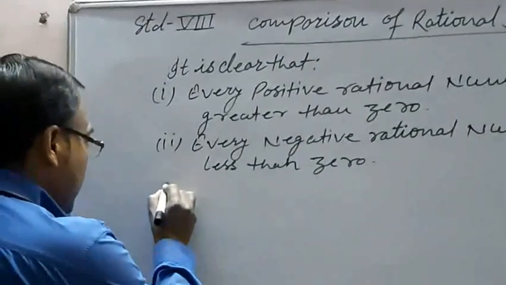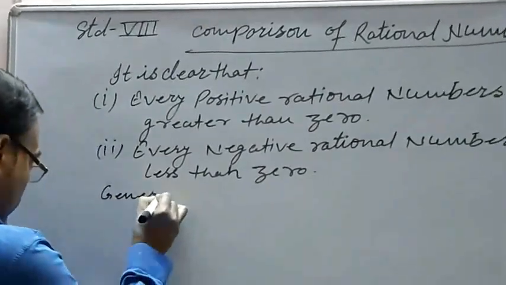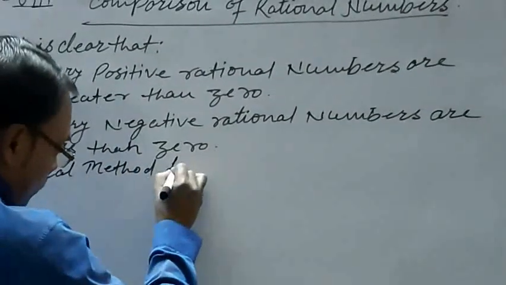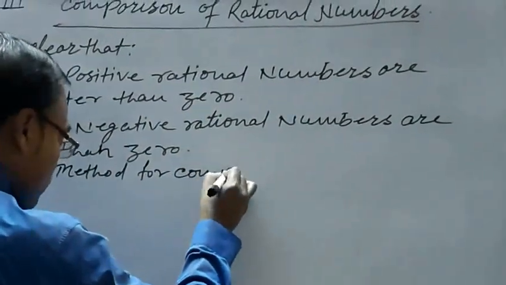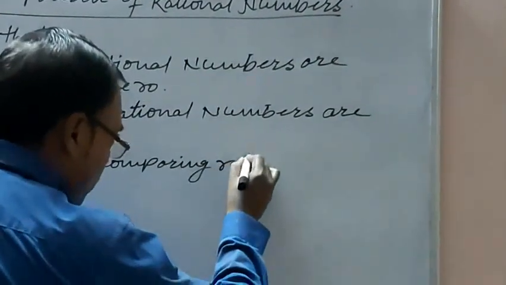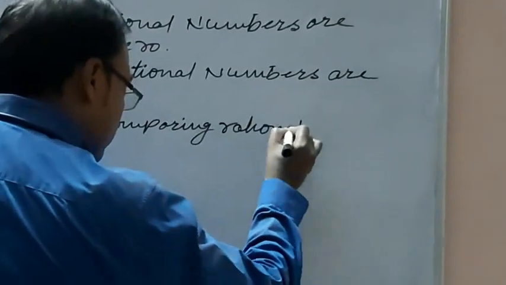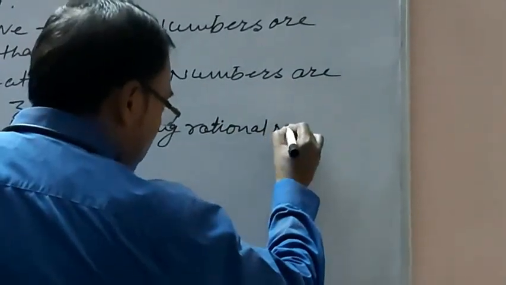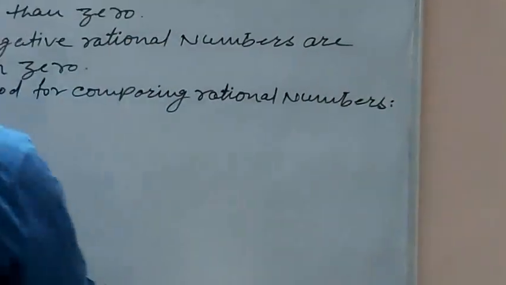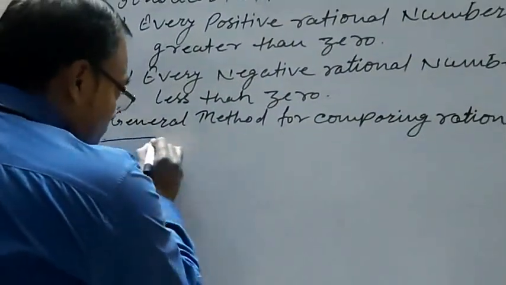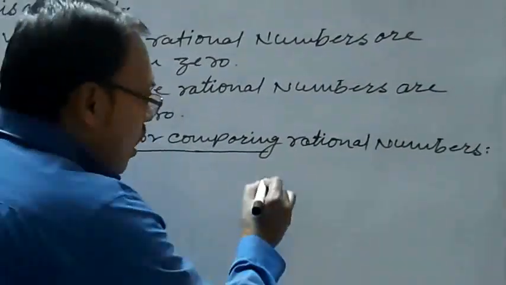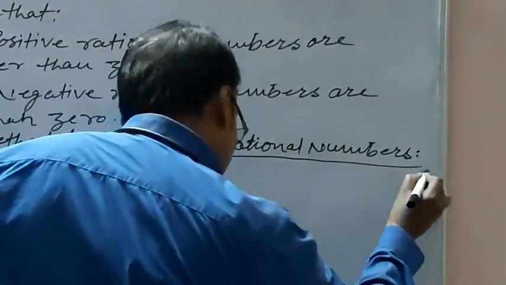Now, general method for comparing rational numbers. We adopt some steps in this method and finally we decide which rational number is greater.